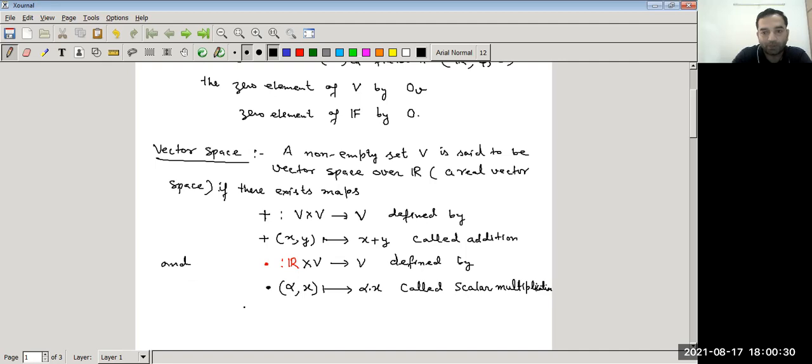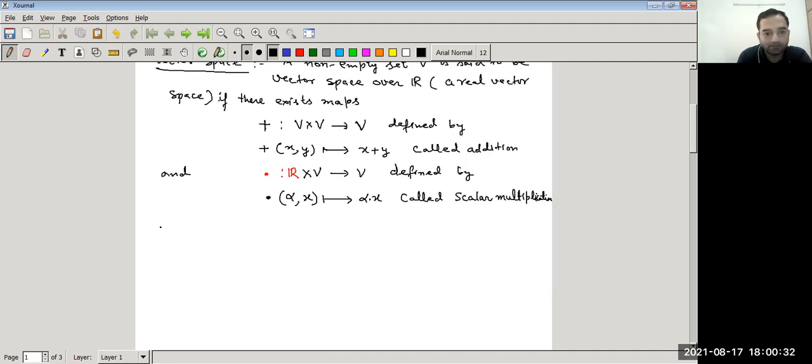Addition and scalar multiplication satisfy the following properties. What are those properties? I denote the first one as V1.